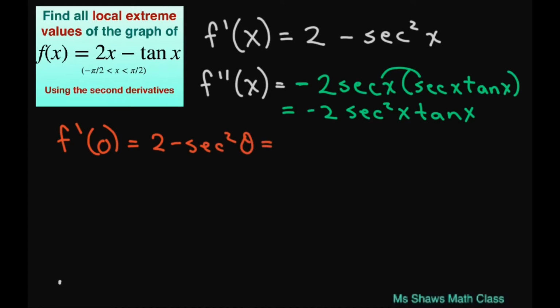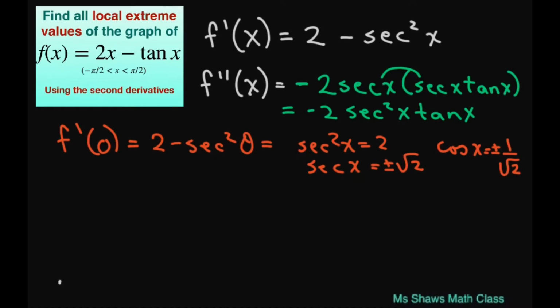That means we're going to have secant squared of x equals 2. Therefore, secant of x equals plus or minus square root of 2. Or you could say that cosine of x equals plus or minus 1 divided by square root of 2. That makes it a little easier.